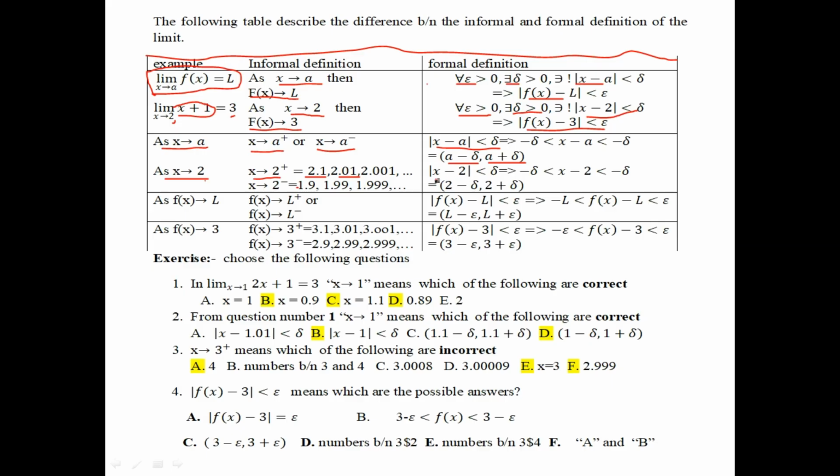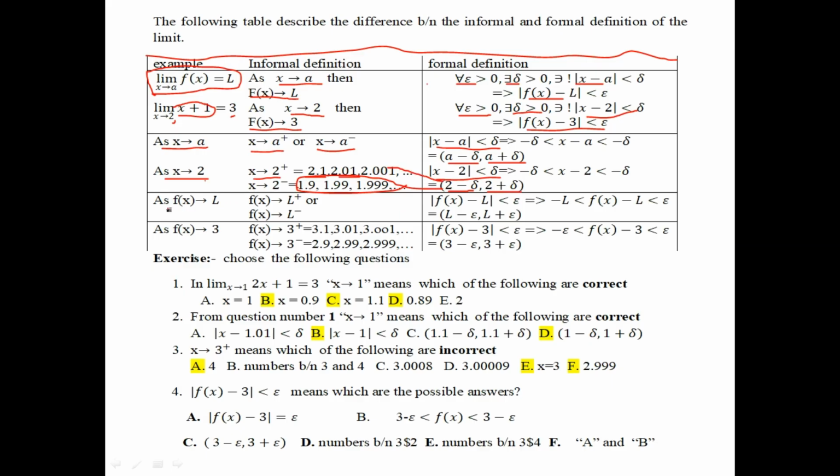So the absolute value of x minus 2 less than delta means the interval 2 minus delta, comma, 2 plus delta. 2 minus delta represents the general values, this group of numbers. Again, 2 plus delta is this value.